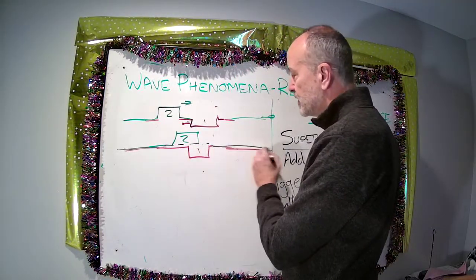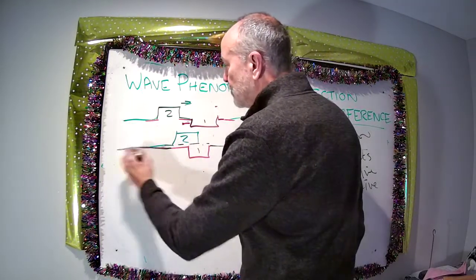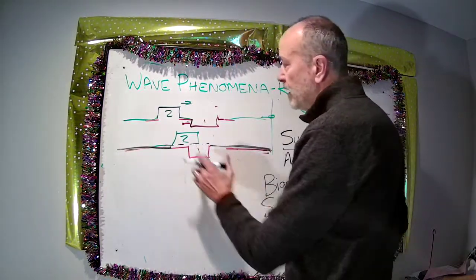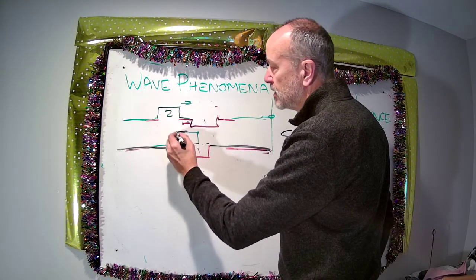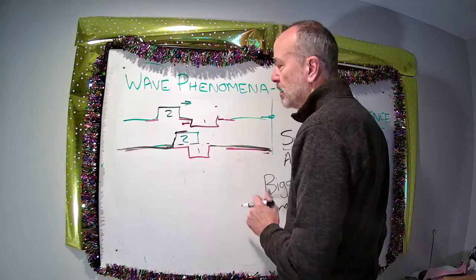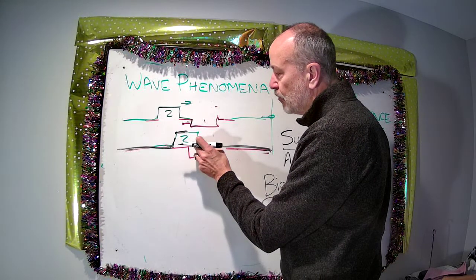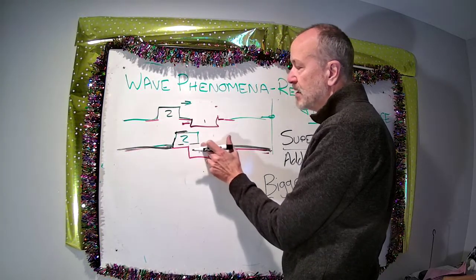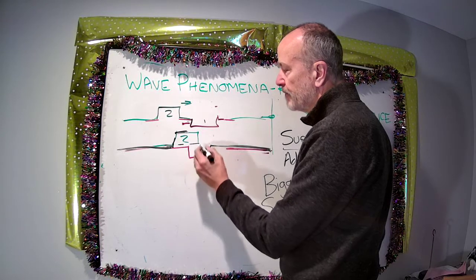Anywhere in here, they're both at 0, so the resultant will be at 0. Here, the resultant would be at 0. Here, 0 plus this is just this. Here, I didn't draw the green there, but 0 for wave 2. Wave 2 is not trying to make a displacement at all, plus this ends up being this.